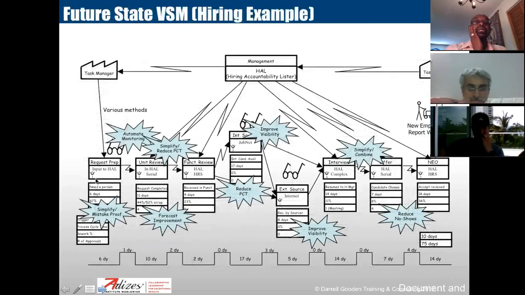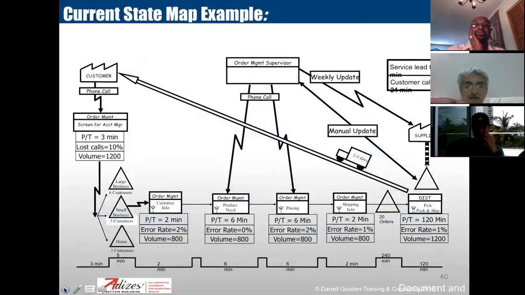Now, here's a future state map. You look at the current state map, we go back, and I picked a couple examples to quickly go through this so you could see. And I could have picked a better current state map that was a lot busier than this one, but I didn't. But I wanted to let you guys know. Now, see, you got the truck thing coming across here. You got a few different things going on.